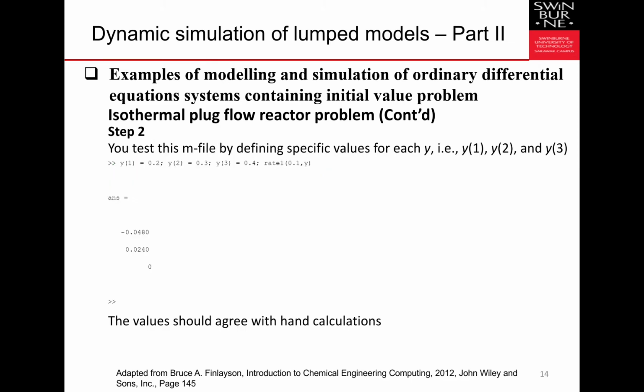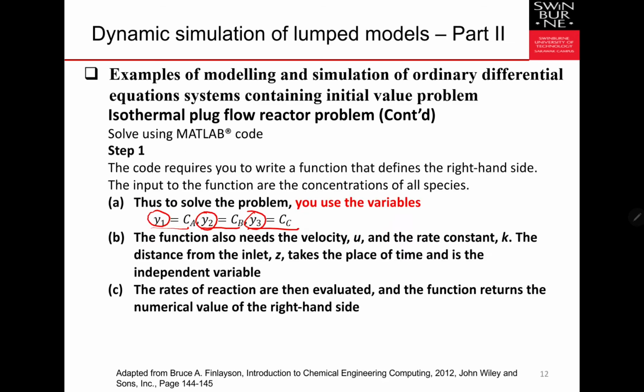Then we want to test this M file by assuming a specific value for A, B, and C, then comparing it with the handwritten calculations. If this is correct, then we're supposed to get the same value as the hand calculations.